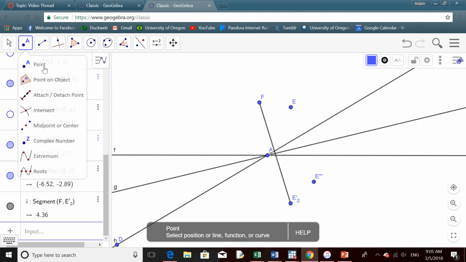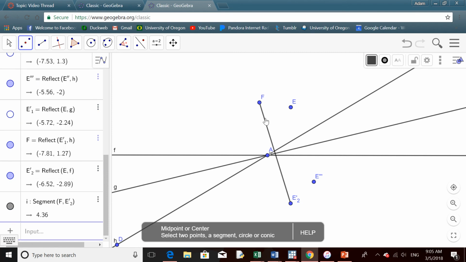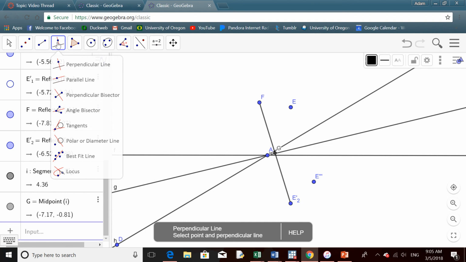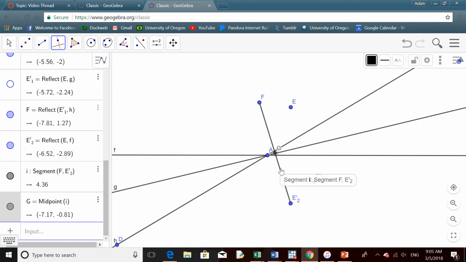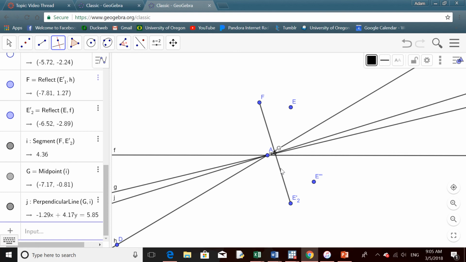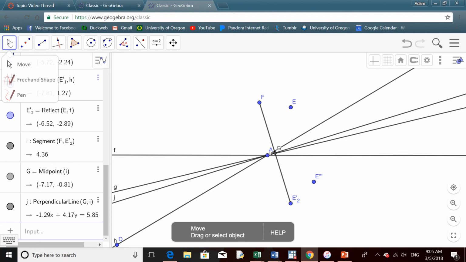We are going to find the midpoint, and then we are going to take the perpendicular line through G, perpendicular to the segment connecting F and E2 prime, and lo and behold, we have our line J.